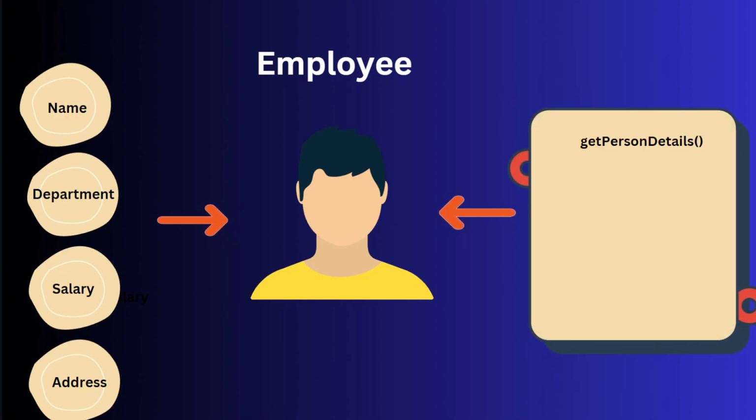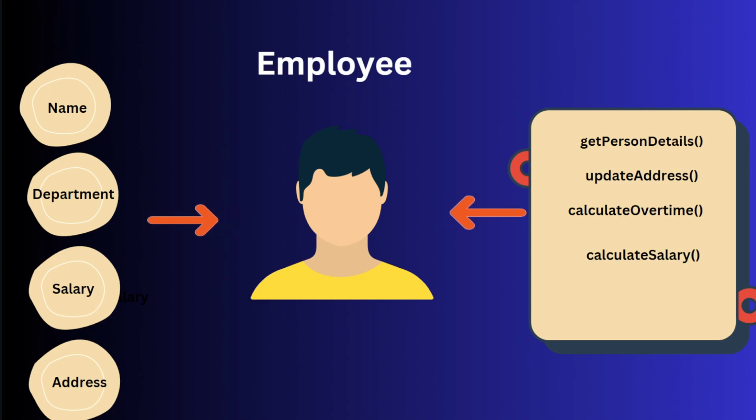Here we have get person details, update address, calculate overtime, and calculate salary. If you see here, we can consider employee as a class with the attributes name, department, salary, and address, and get person details, update address, calculate overtime, and calculate salary are called functions.